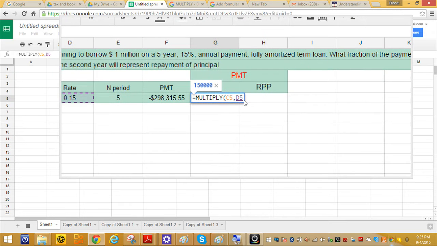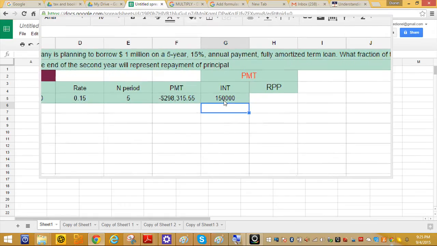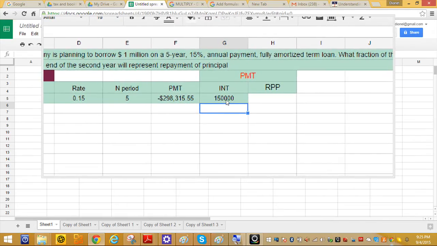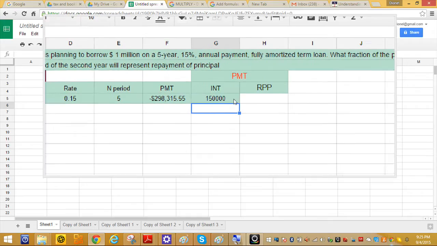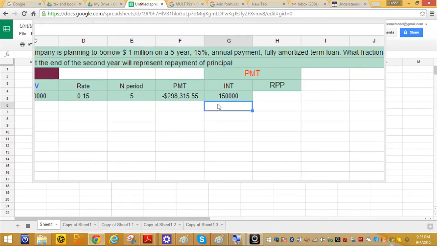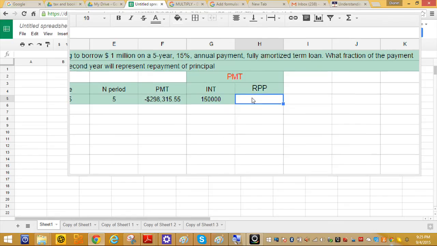There you go, I got it. So my interest for the first year is gonna be 150,000. Out of this payment, I have to subtract to get the repayment for the first year.